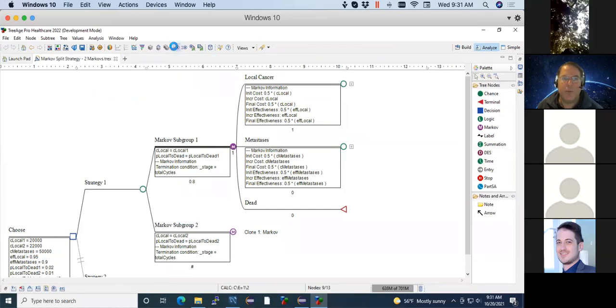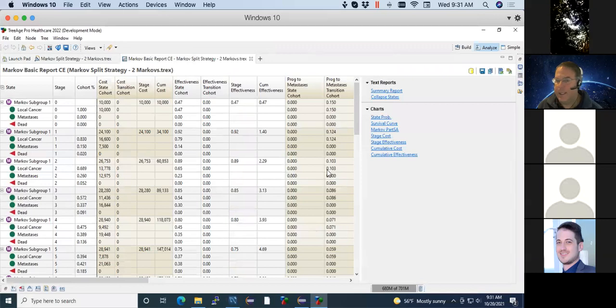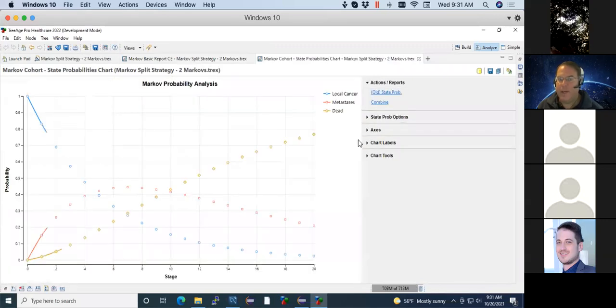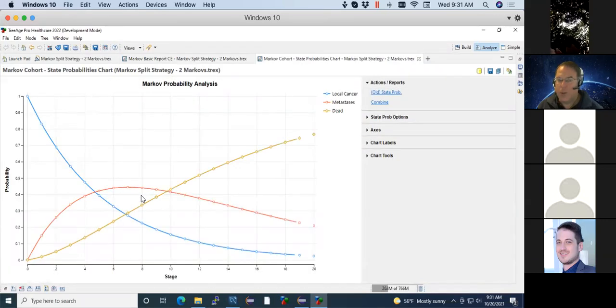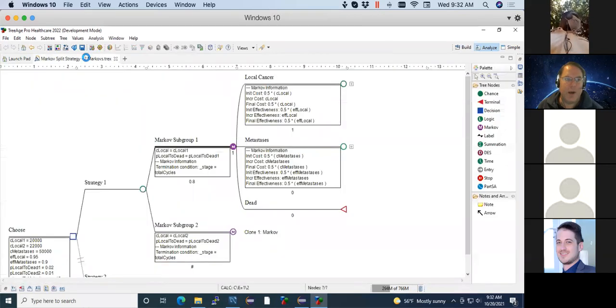The basic cohort report has been around forever. The state prob graph has been around forever. The things that are new is the ability to run the overall report for multiple Markovs at the same time within a strategy.